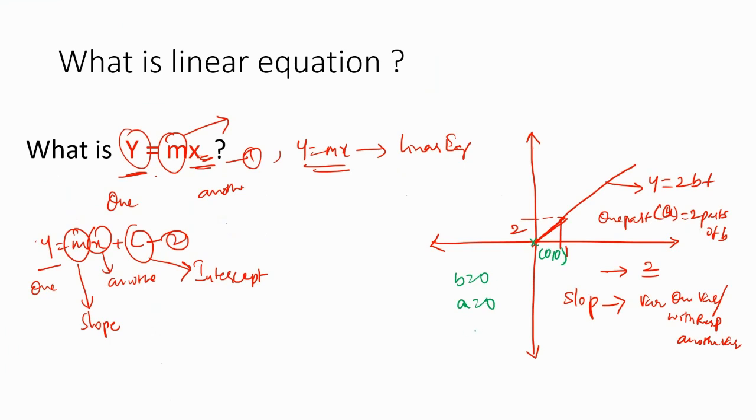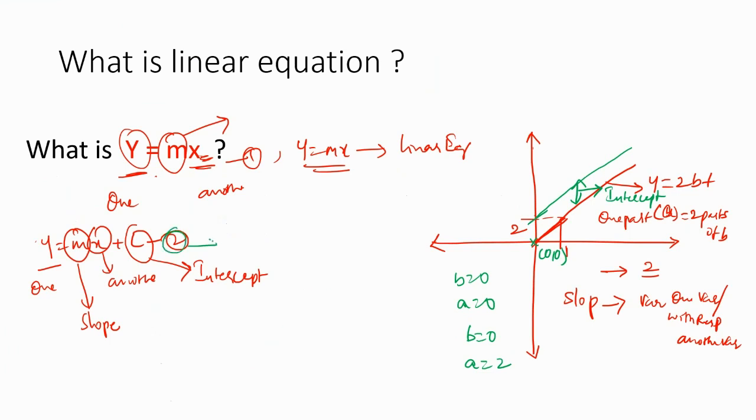But I'm going to define another equation where if b is equal to 0, I need a equal to 2. That means the line will pass through like this. It shifts from the origin line to another line, which we can call another equation. This distance is called the intercept.